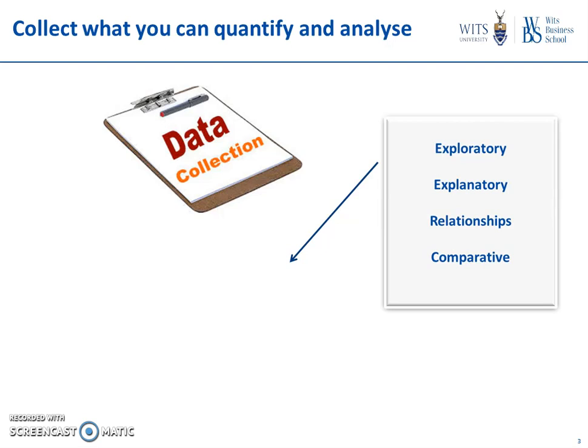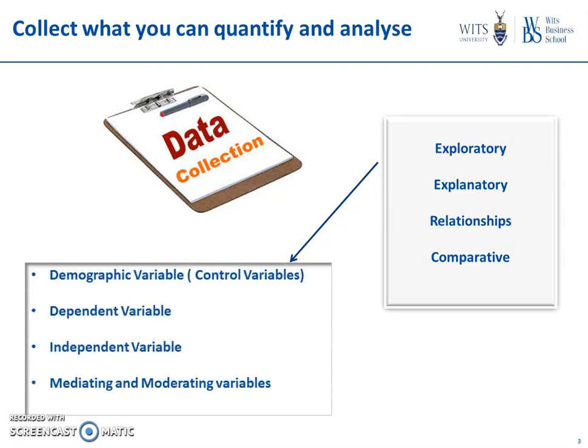Are you doing a comparative study, or is it just descriptive information that you are trying to gather? If you understand that, then that will help you decide better whether you need a dependent and an independent variable, whether you need mediating and moderating variables, and all that is based on the kind of research that you are doing.